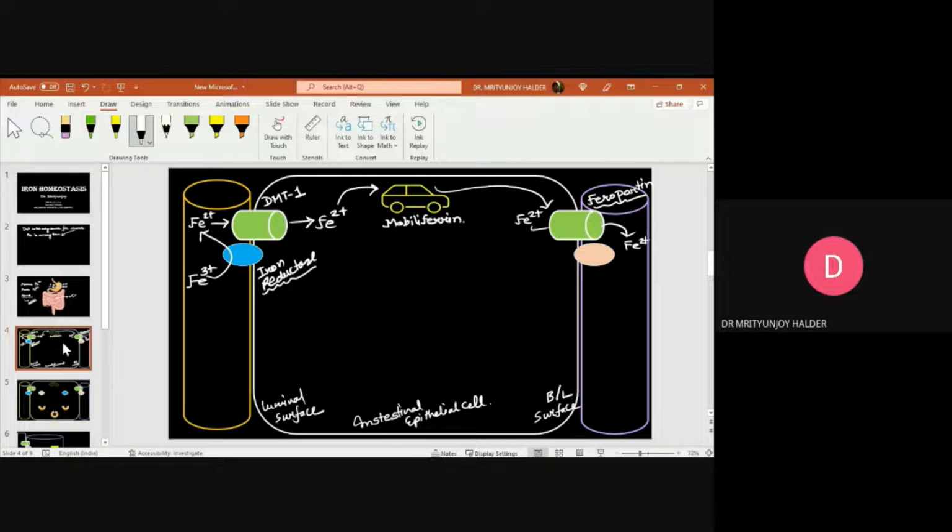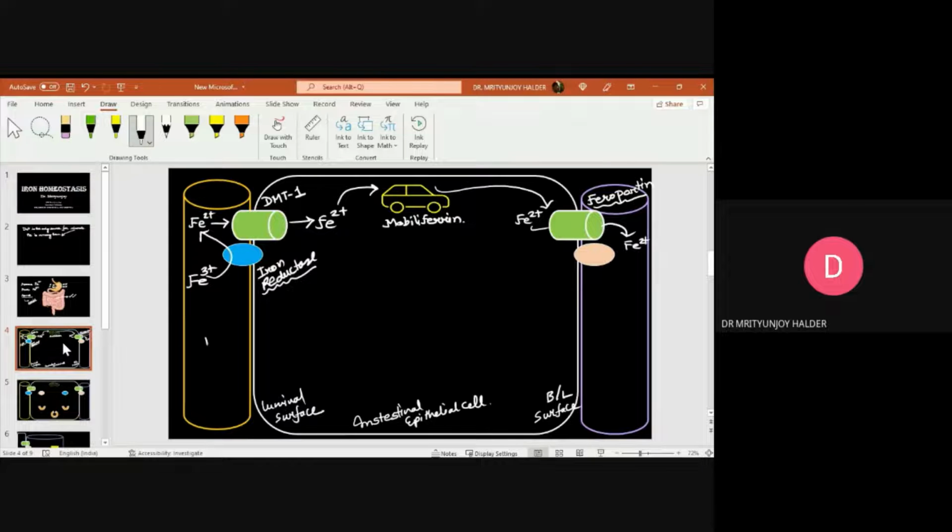So, duodenal cytochrome B converts all the dietary ferric form into the ferrous form, and now the ferrous form will be absorbed very easily from the GI tract, from the acellular space to a cellular space. That means it is now within the intestinal epithelial cell.